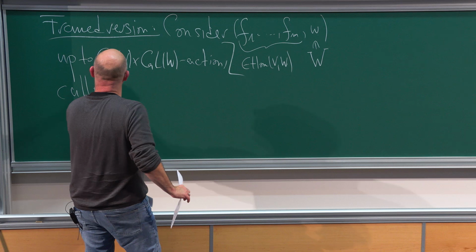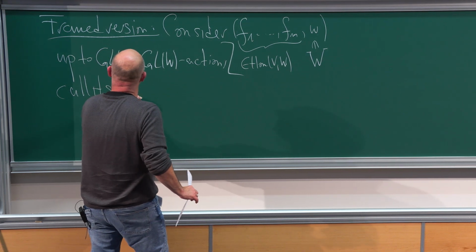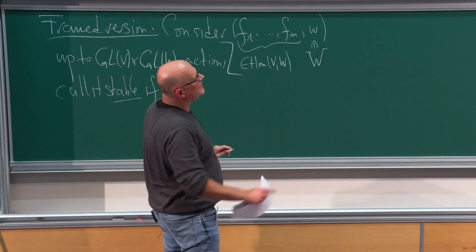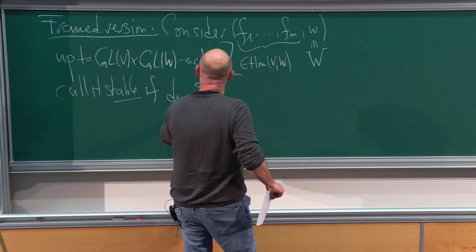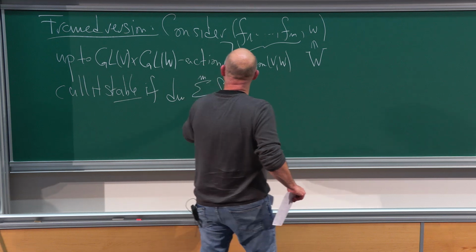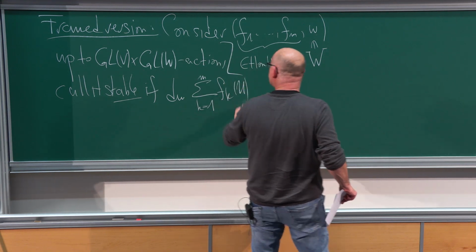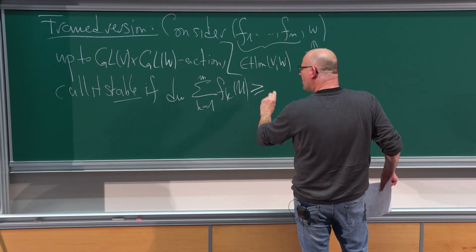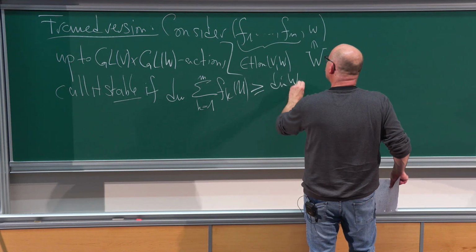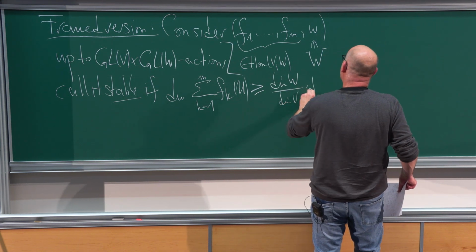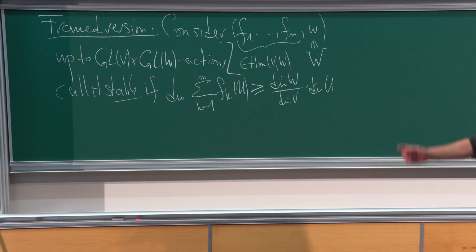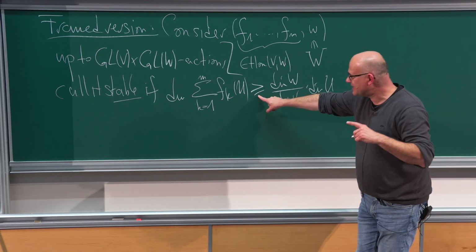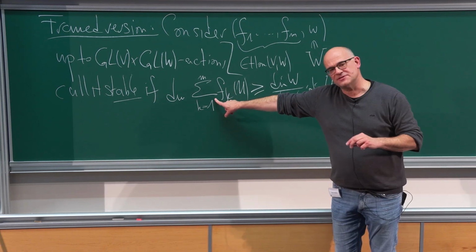Call it stable again if, and now we can relax this condition a little bit, we can say that the dimension of the spreading out of any subspace U should be greater or equal to dimension W by dimension V times dimension U for all subspaces. And this should be strict whenever w is contained in here.